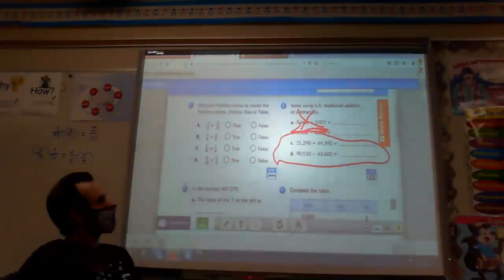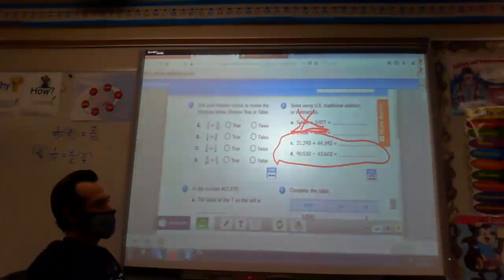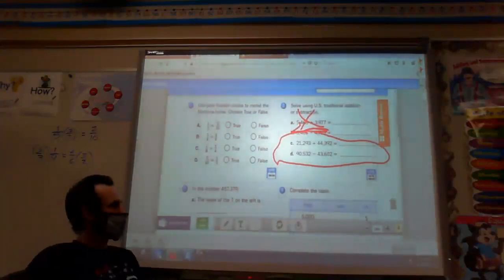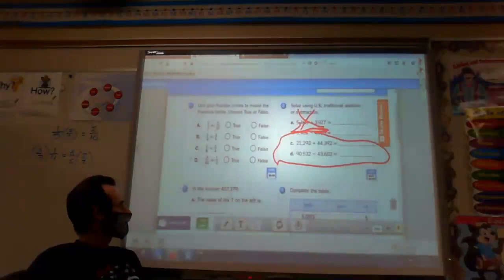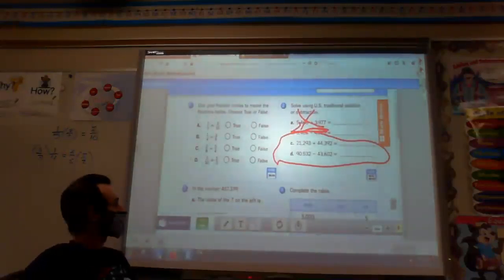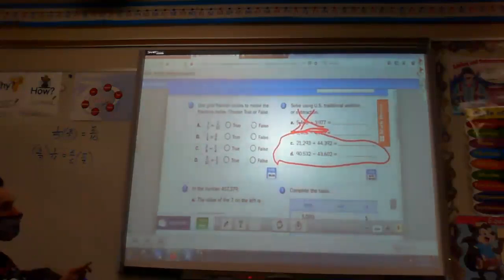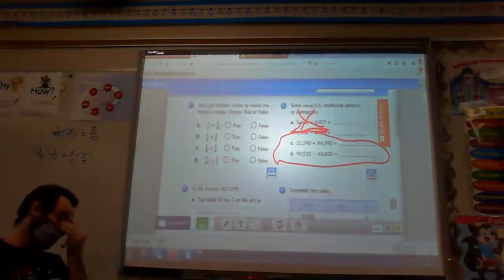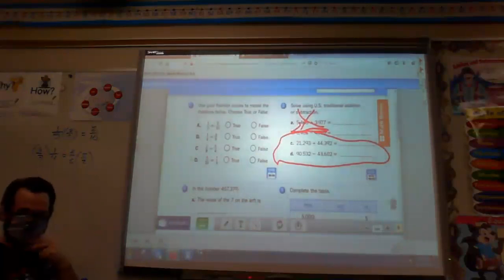Doing C and D. I need to see work. I need to see work. Questions? Has everybody crossed out A and B and circled C and D so you know you're doing them?